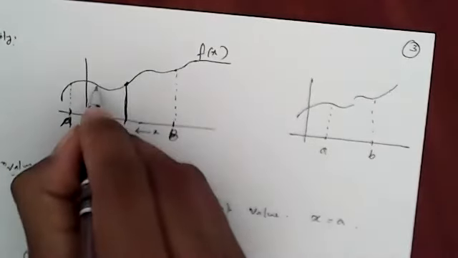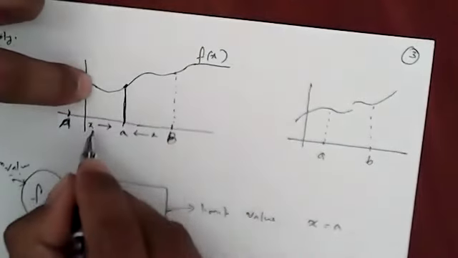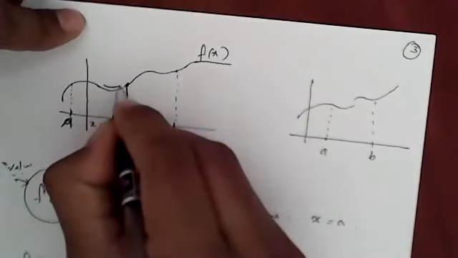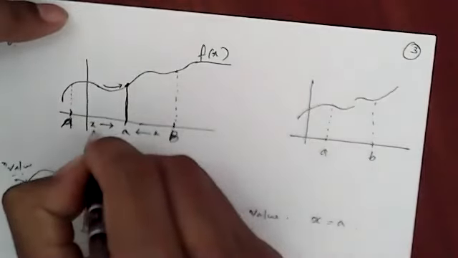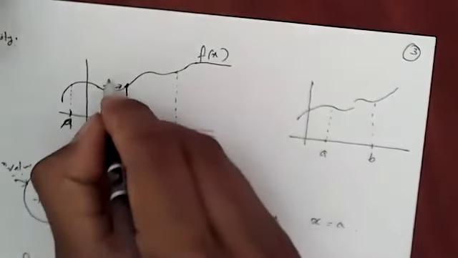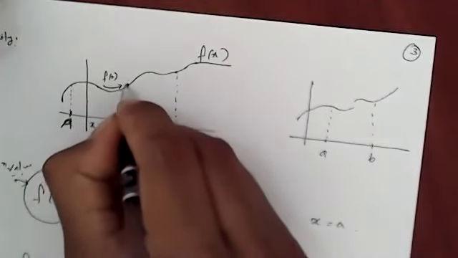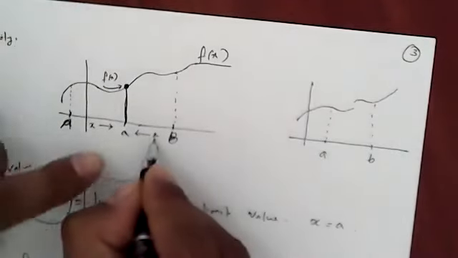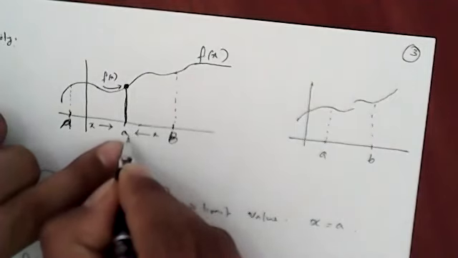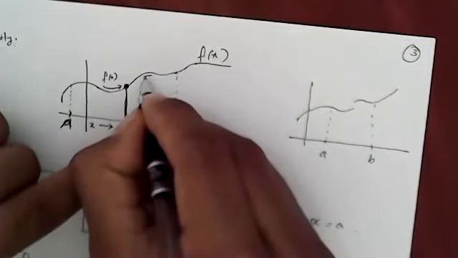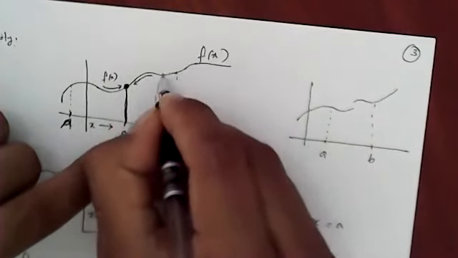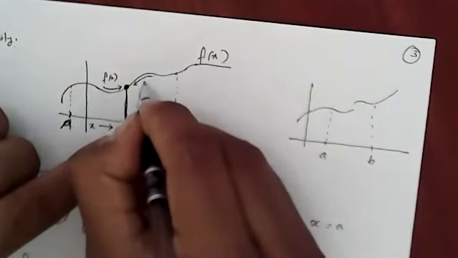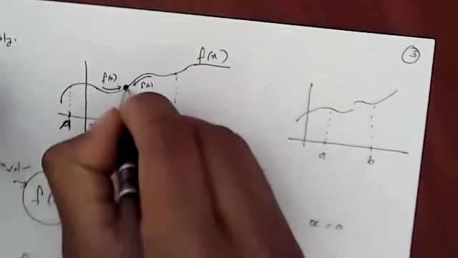When x was here, the functional value was here. As x approaches a from this side, f of x approaches this particular point, since there is no break. Similarly, if x approaches from the other side, f of x also approaches from that side, and when x is almost a, f of x becomes like f of a.